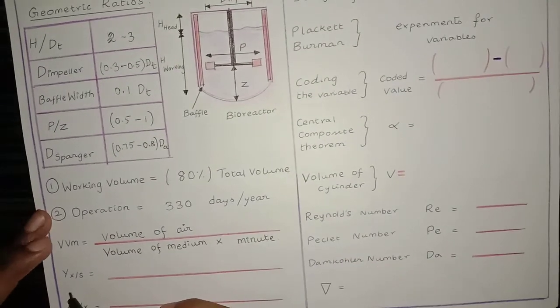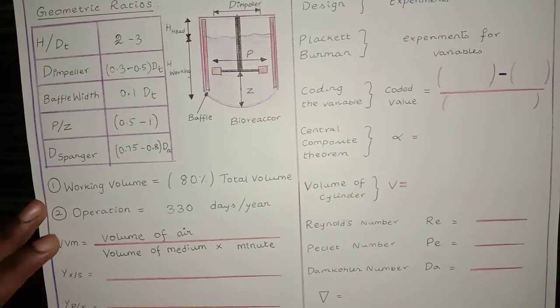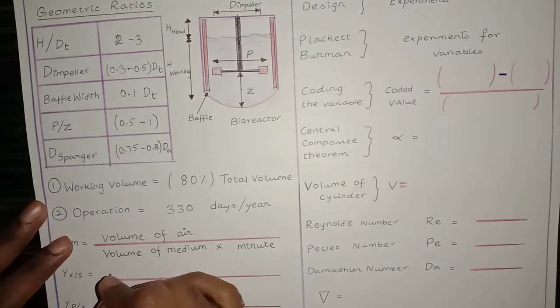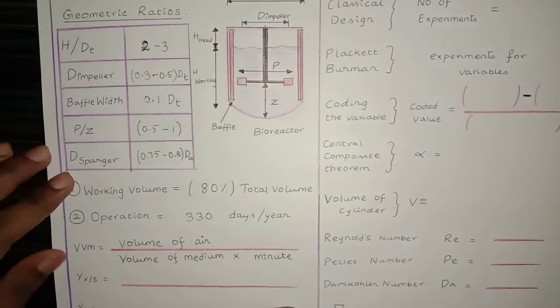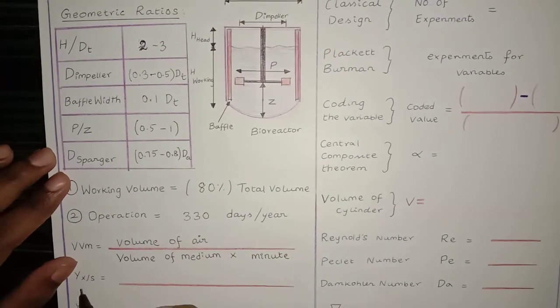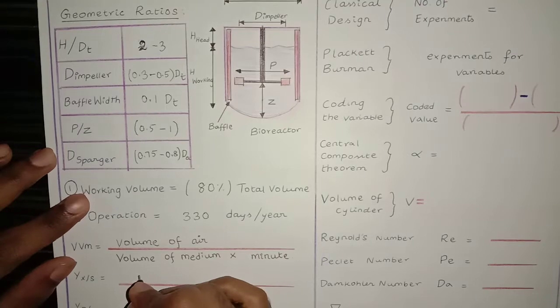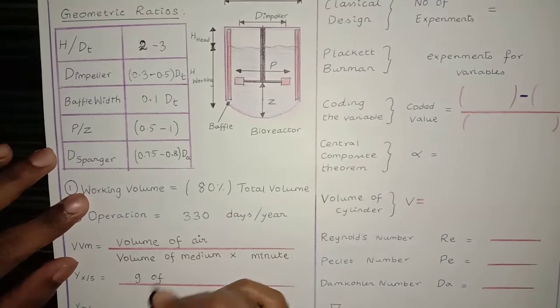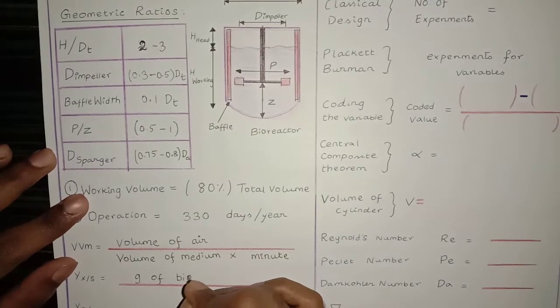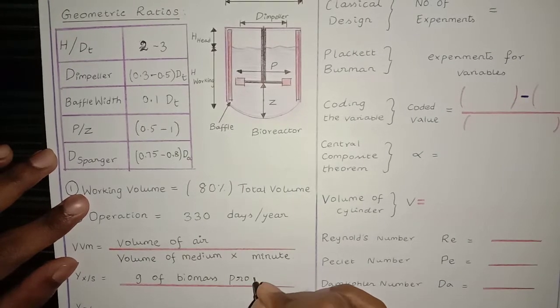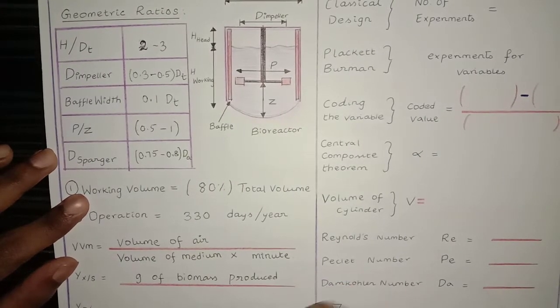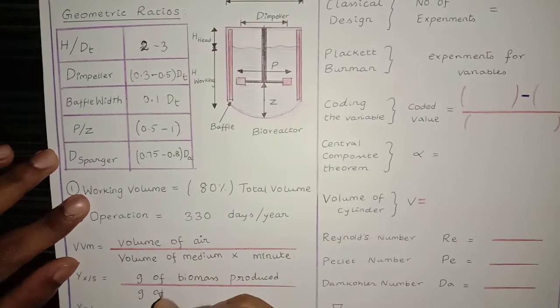Next, we have the yield coefficient Yx bar S. That is the yield coefficient, the amount of biomass in grams produced per gram of substrate reacted.